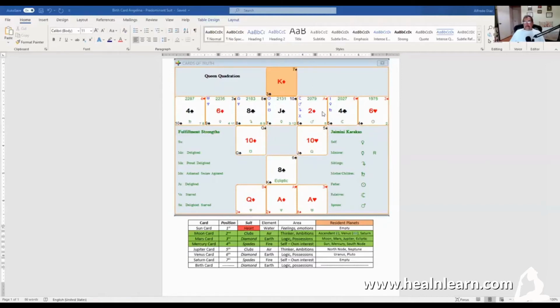So in this case, we can see that the Sun card is a 6 of Hearts, but has no planets there. In this recording, I just want to point out the profile of the person.